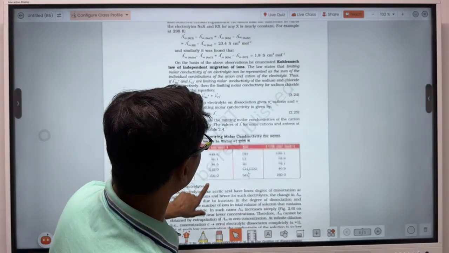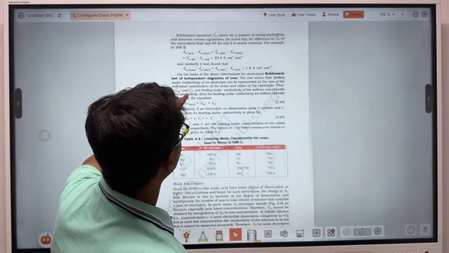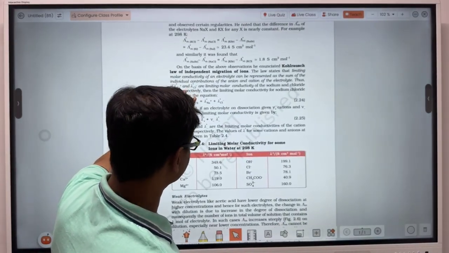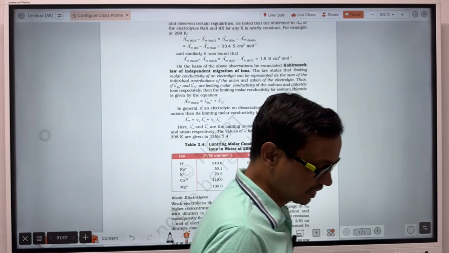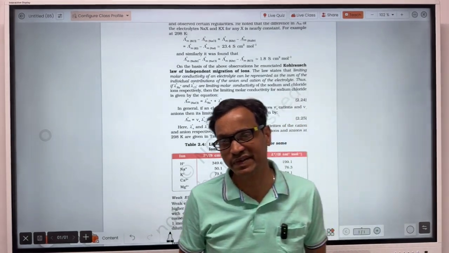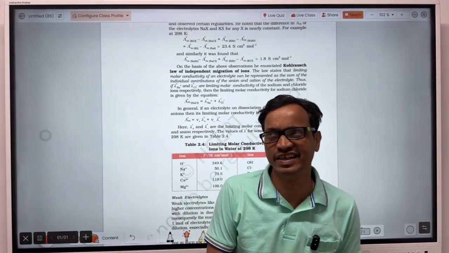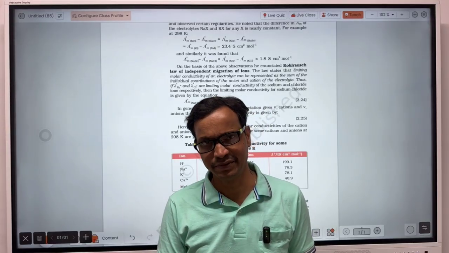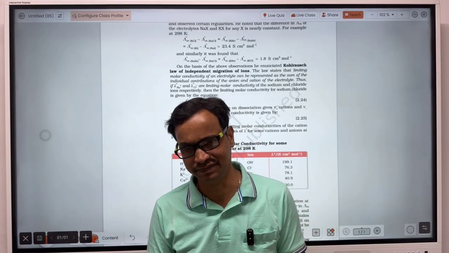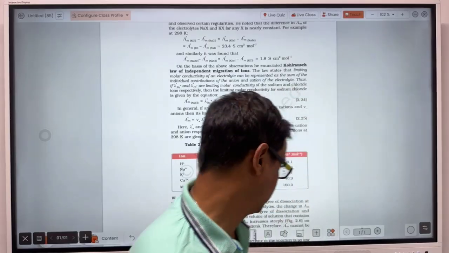Then after is Kohlrausch's law. In the 12th board examination, Kohlrausch's law is frequently asked, and for the IIT Main and NEET examinations, there will be utility of this law. What does Kohlrausch's law tell?